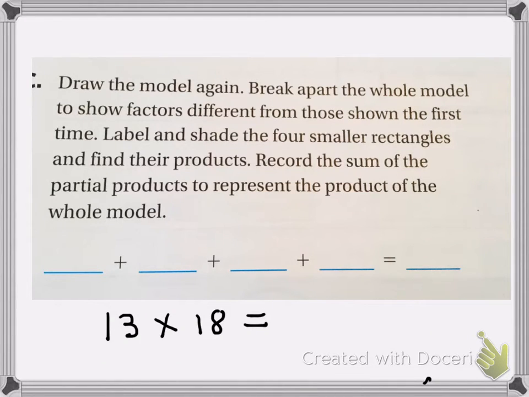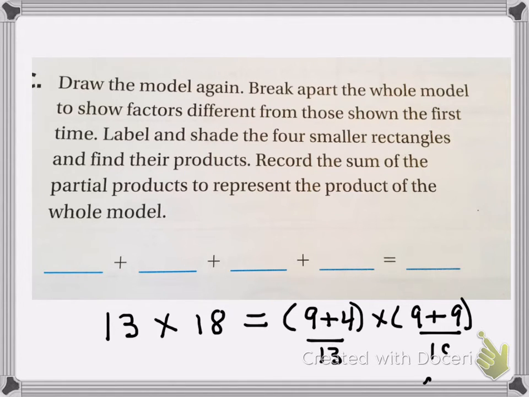Now remember, our original problem was 13 times 18. So what I can do is break 13 times 18 into 9 plus 4 times 9 plus 9, because 9 plus 4 is 13 and 9 plus 9 is 18.